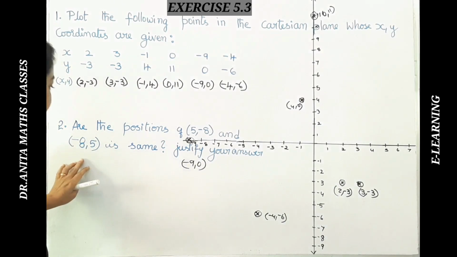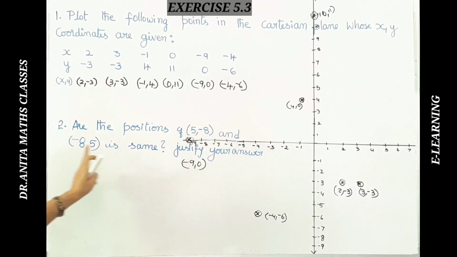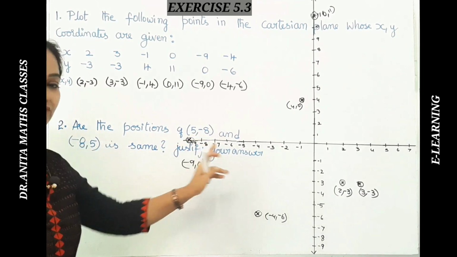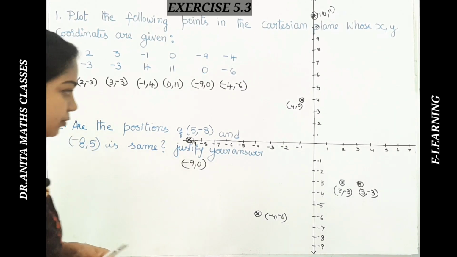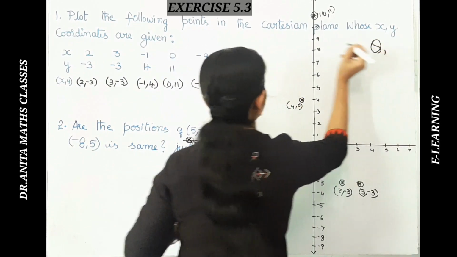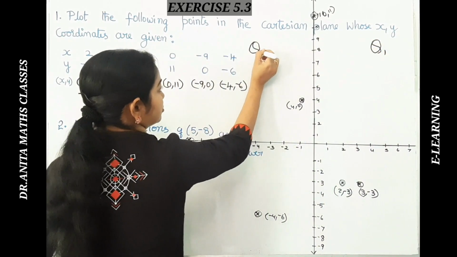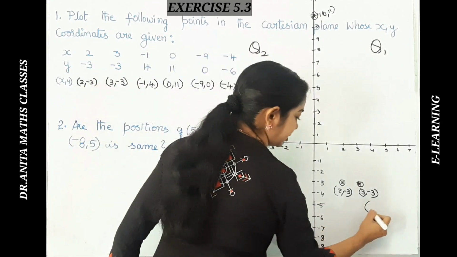Now moving on to the second part, see here: are the positions of (5, -8) and (-8, 5) the same? Justify your answer. So not by just plotting. Here we all know that this is Q1, first quadrant. We have discussed this. This is Q2, second quadrant. This is Q3, third quadrant.